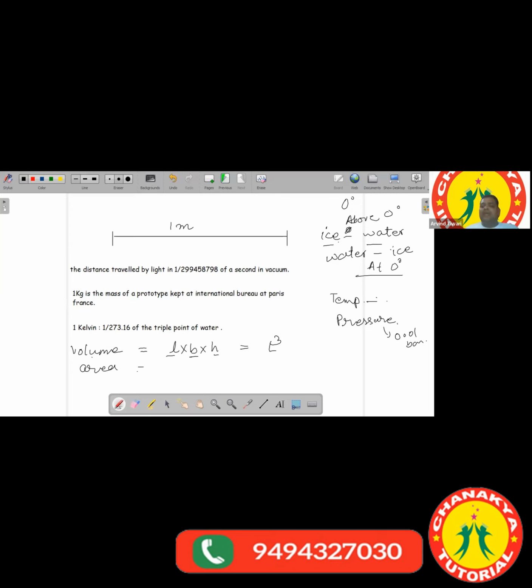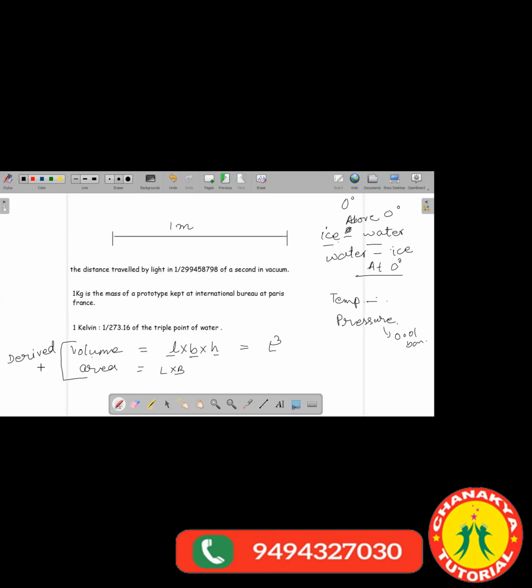In a similar way, area can be expressed in terms of length only. Area means length multiplied by breadth, whereas breadth is also a type of length. Okay, so we will call the quantities which can be made by using other fundamental quantities derived units.